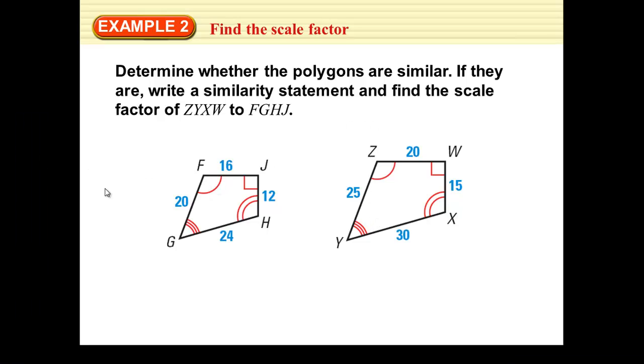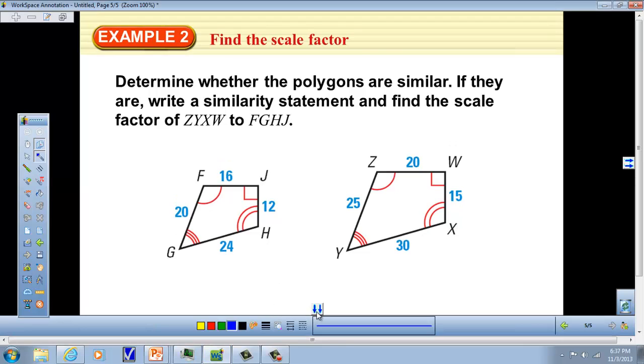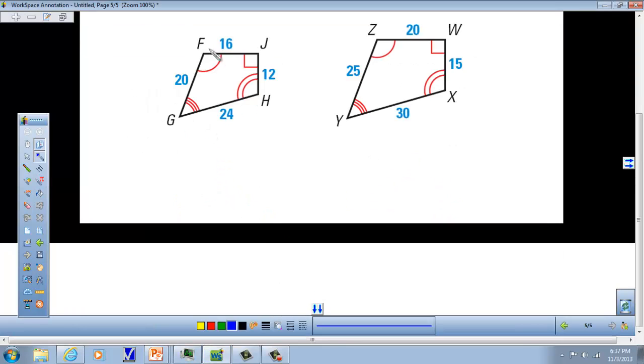In order to determine whether the polygons are similar, we have to do two things. First of all, we have to figure out whether corresponding angles are congruent.